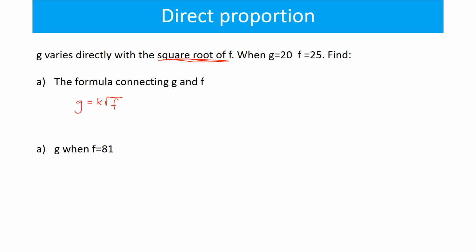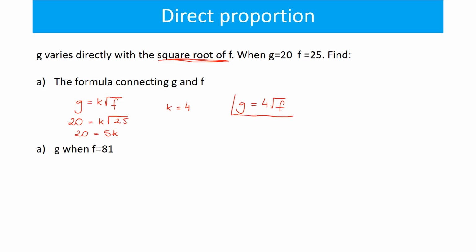Okay, and then when g is 20, then f is 25. Square root of 25 is 5, so it's 5k. So the value of k is 4. So I can put this back into the equation. So g equals 4 square root f.